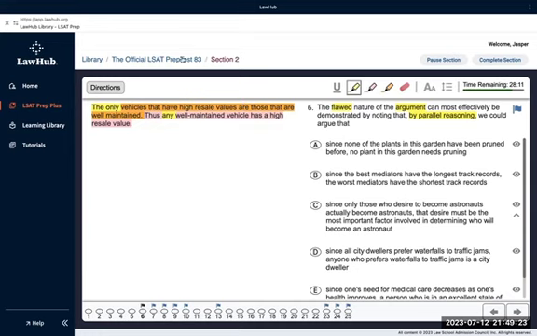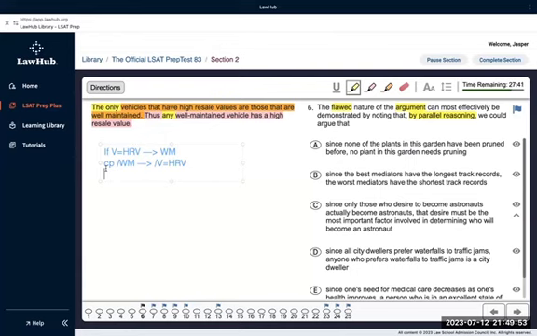If I wanted to write this out as a conditional relationship, I would say if a vehicle has high resale value, then it's well maintained. The contrapositive of that would be if it's not well maintained, then that vehicle doesn't have high resale value.